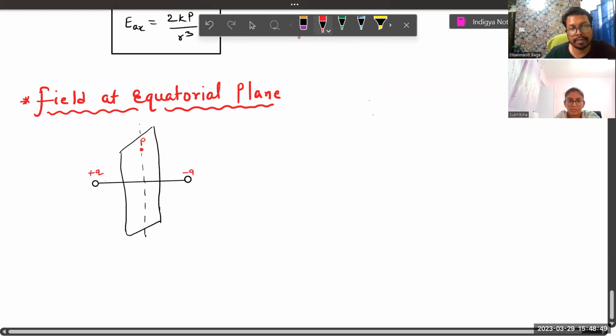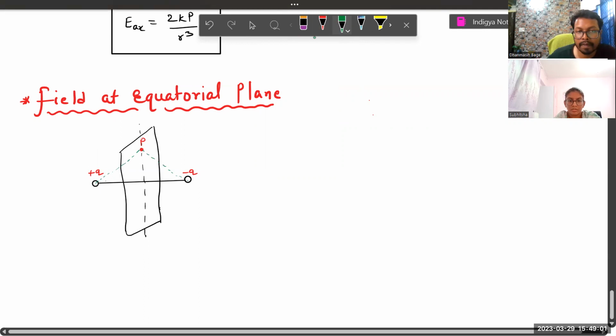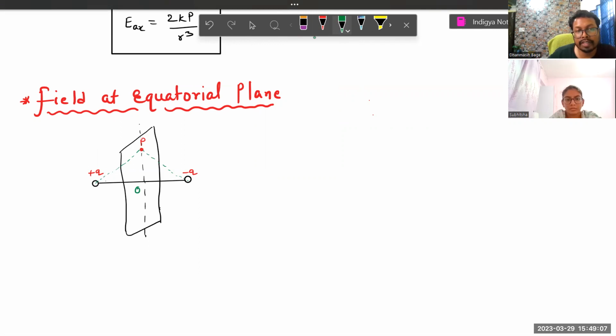Then the field due to plus q will be in this direction. Just see that they are equidistant. We take this as the origin, and the distance of P from the origin is taken as r.